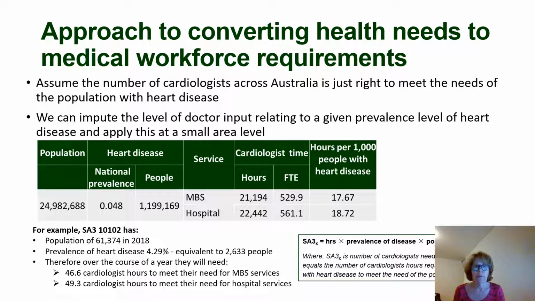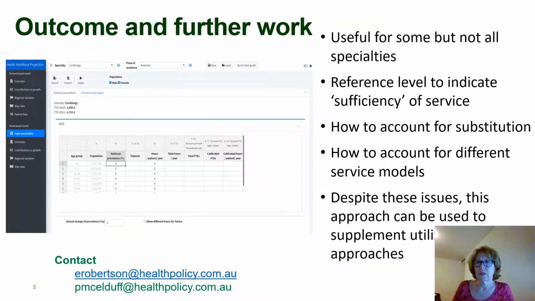And that might be based on some estimate or assessment of current risk factors and how that might influence future prevalence. On the left-hand side, there's a screenshot of the input screen of an interface that we built using Shiny. It allows the user to input prevalence information of the sort that was described in the previous example.